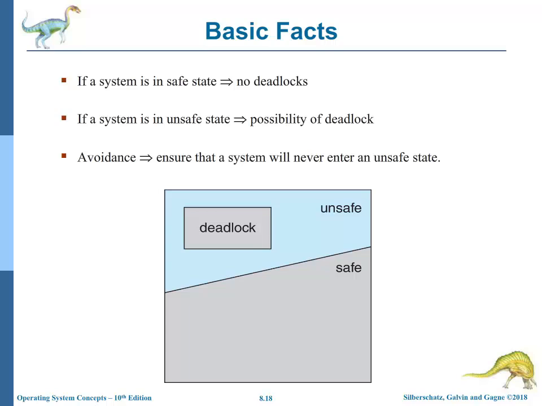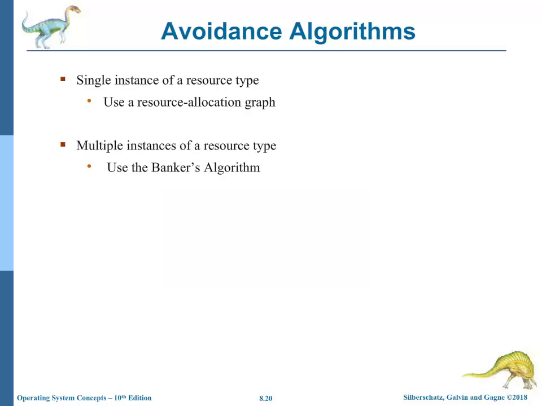To avoid deadlocks, we can ensure that the system will never enter an unsafe state. Given the concept of a safe state, we can define avoidance algorithms that ensure that the system will never deadlock. The idea is simply to ensure that the system will always remain in a safe state.